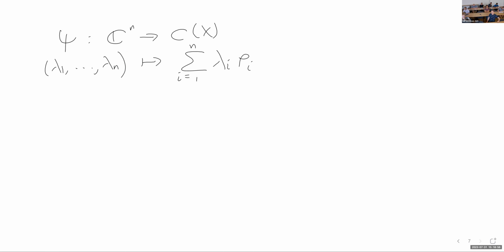Okay, so I claim that these maps satisfy the commutative diagram up to epsilon on the finite set F. So let's evaluate the norm.